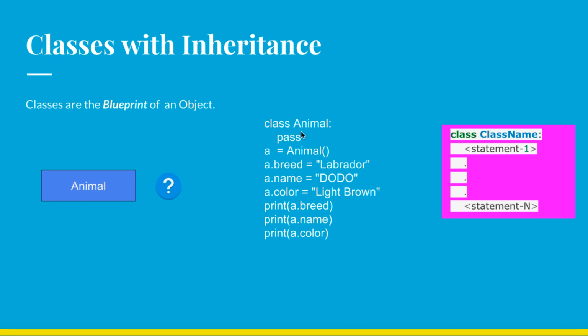So here you can see for this animal we are creating new variables, that is attributes, named breed, name, and color. So in this way, now you are totally free to create any type of animal. Here we are dealing with a particular kind of dog. You can also deal with a particular kind of cow or a cat or a wolf. So this is what exactly a class is.